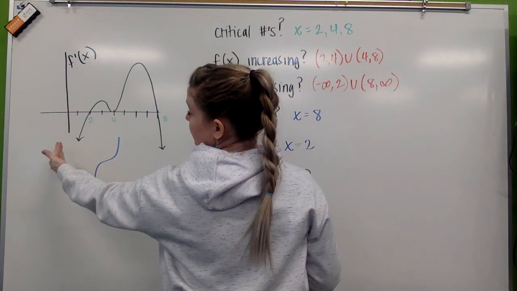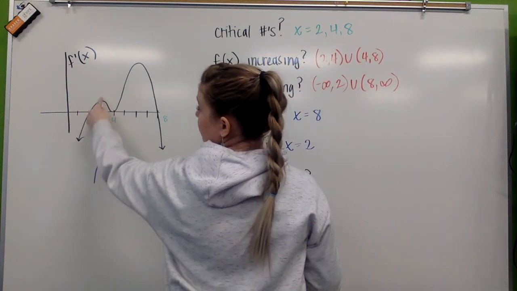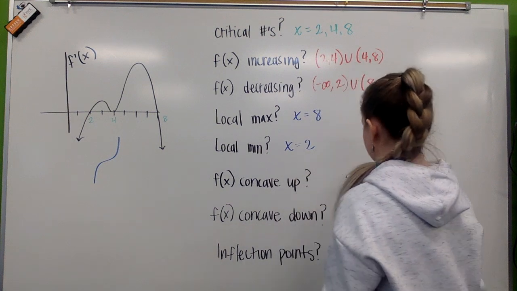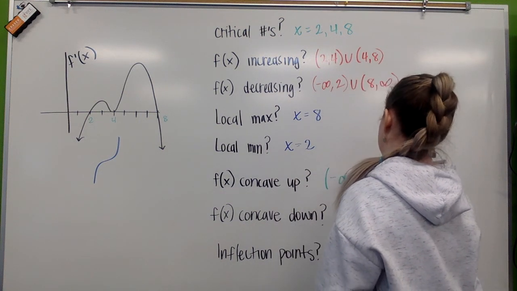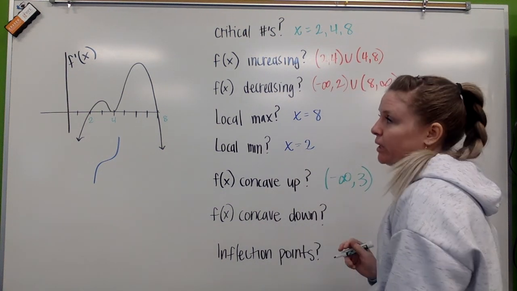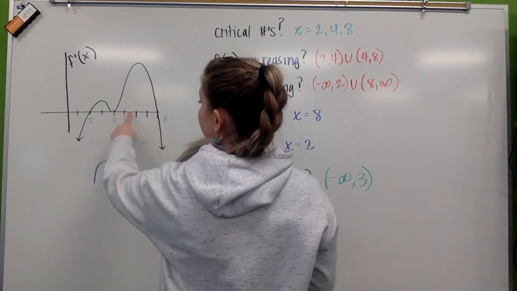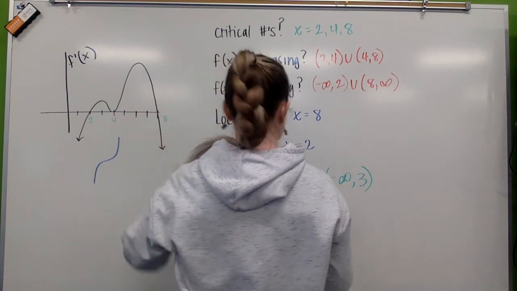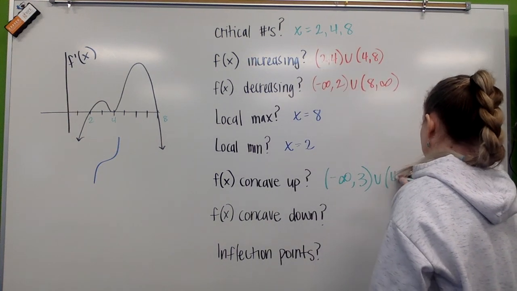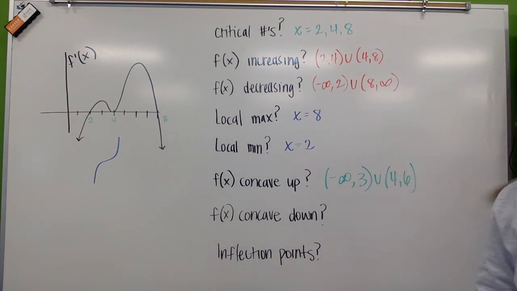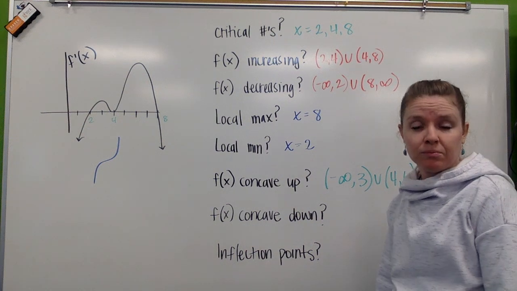Well, it's increasing from negative infinity to about 3. So it's concave up from negative infinity to 3. And then it's also increasing from 4 to 6. So we're going to see concave up from 4 to 6.